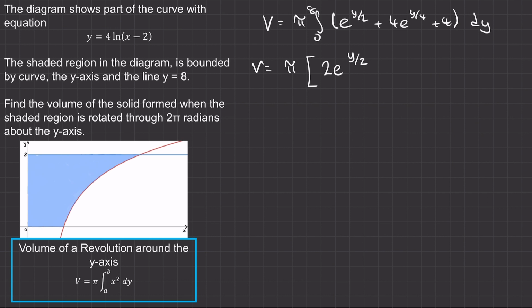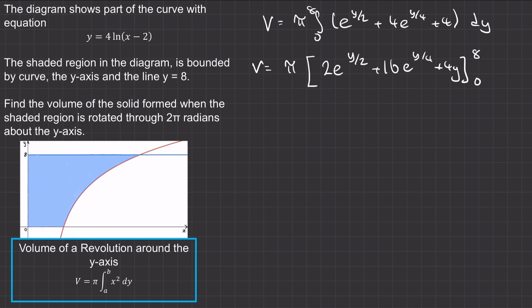Again, using the reverse chain rule, this becomes 16e to the y over 4. And when we integrate 4, we get 4y between the limits of 0 to 8.